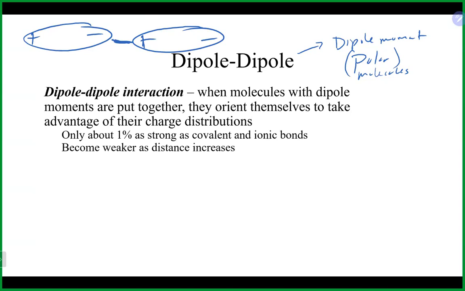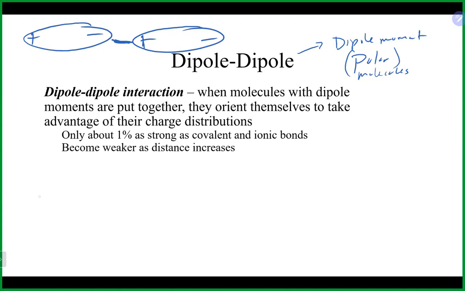But they are one of the strongest intermolecular forces that you could have, and this is the main type of interaction that polar molecules use when they interact with themselves, and also when they interact with other polar molecules: dipole-dipole interaction.